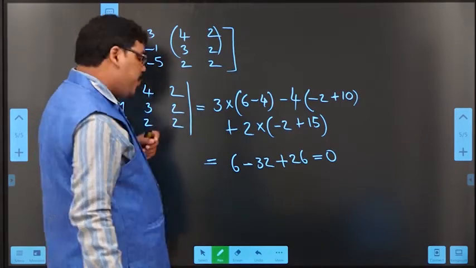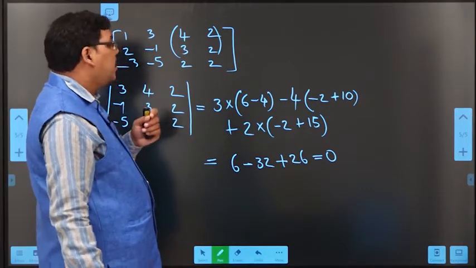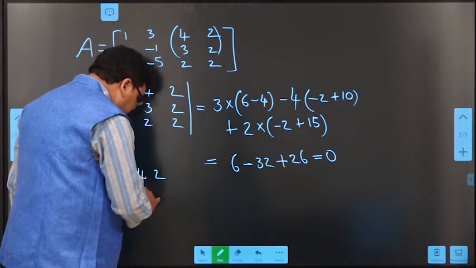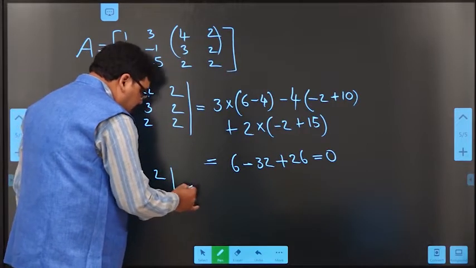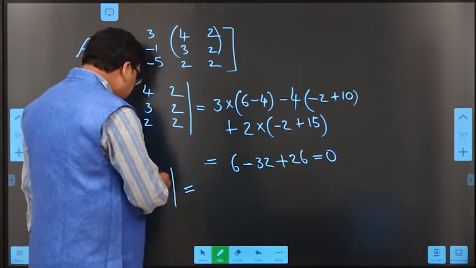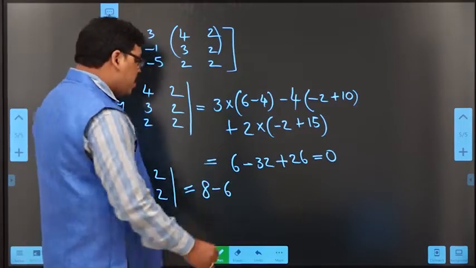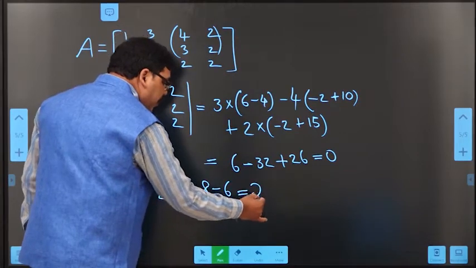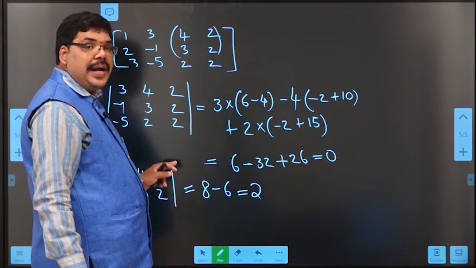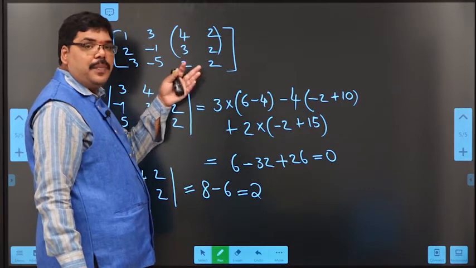What happens to its value? 4, 2, 3, 2. The determinant of this 2 by 2 minor selected equals 8 minus 6, which equals 2. So there exists a minor of order 2 which is non-zero and all minors of order 3 are becoming 0.